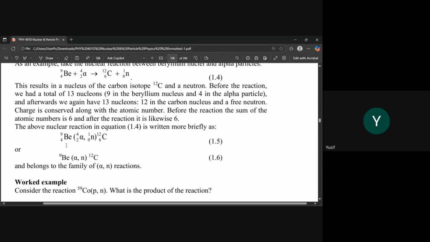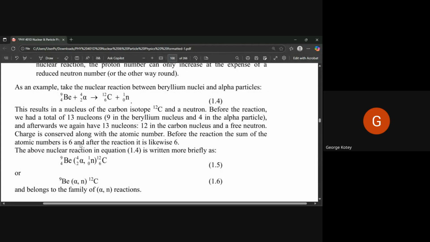When we did it previously, I think it was the alpha particle that was coming first, because that was what was used to bombard the beryllium. Does it mean the order doesn't really matter? The order doesn't really matter.